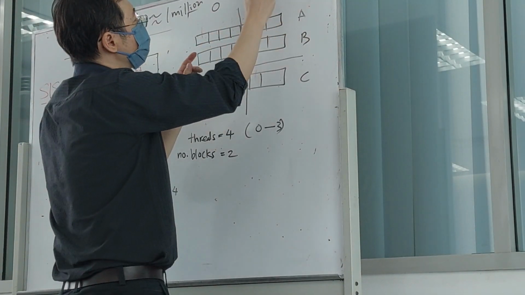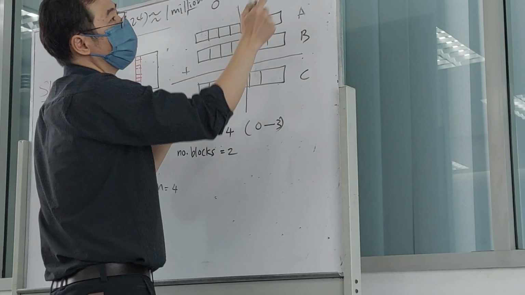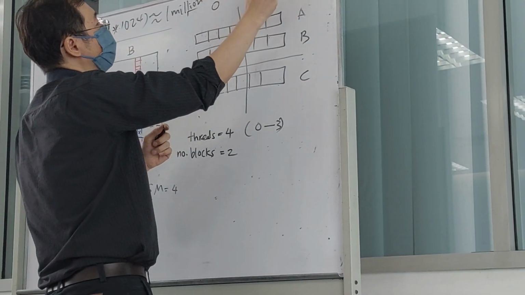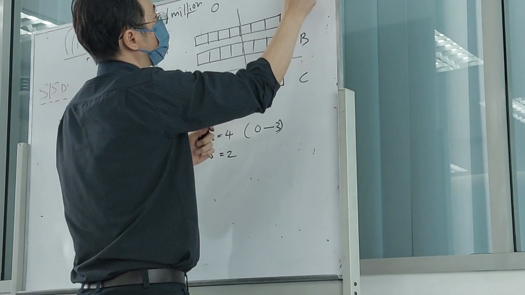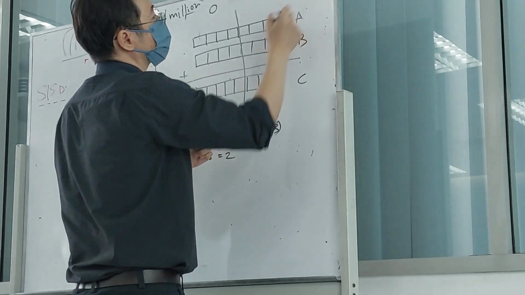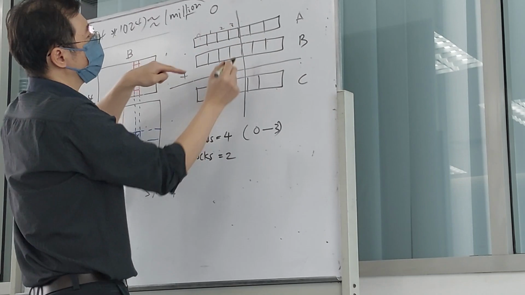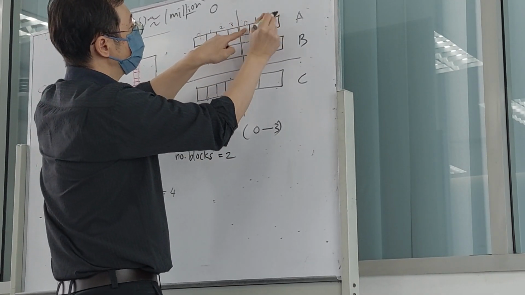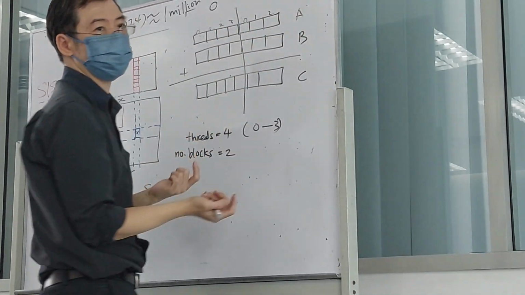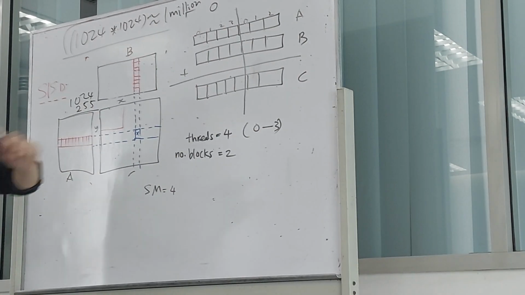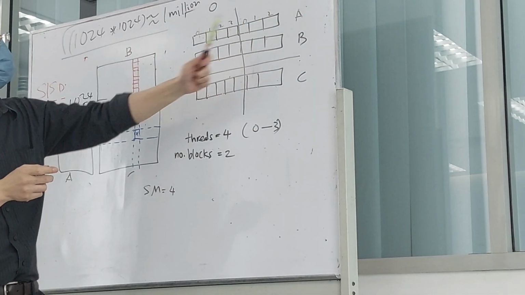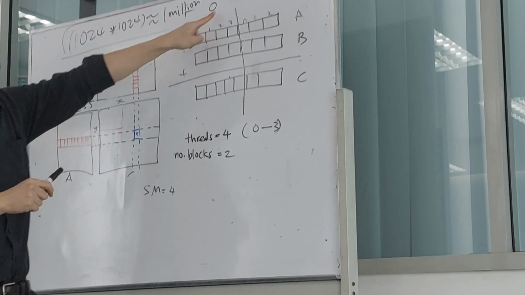The second one is going to be executed by block ID of 1. And the thread numbers are going to be 0, 1, 2, 3, and here 0, 1, 2. The third one is not going to execute anything. This block ID is 0, this block ID is 1.